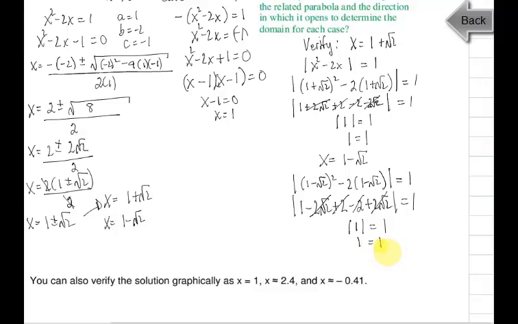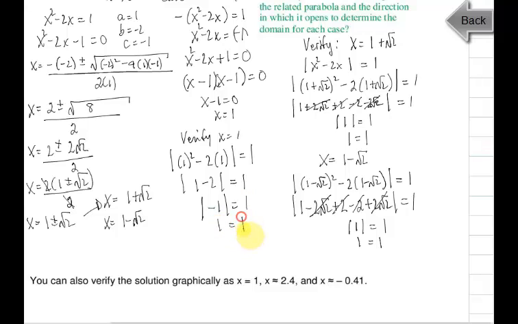Okay, and then let's do our last one. We verify with x equals 1. Plug it into the original equation, we get the absolute value of 1 squared minus 2 times 1, and that's equal to 1. So 1 squared is 1, 2 times 1 is 2, 1 minus 2 is negative 1, and that gives us the absolute value of negative 1 equals 1, so we get 1 equals 1.